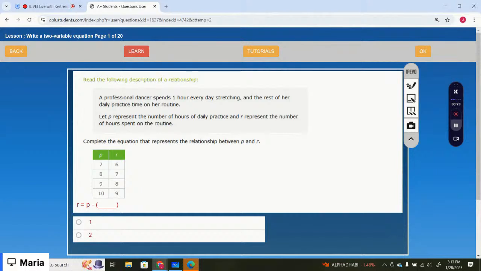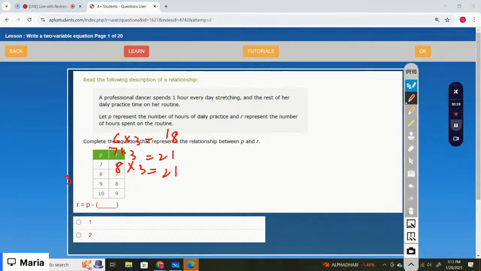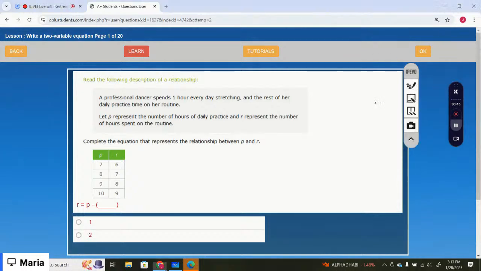So you have to see what number you have to subtract from P to calculate R, right? You can see here P is 7, R is 6. So R is 1 less than P. So that is R equals P minus 1 is the correct option. Very good. That is 1.